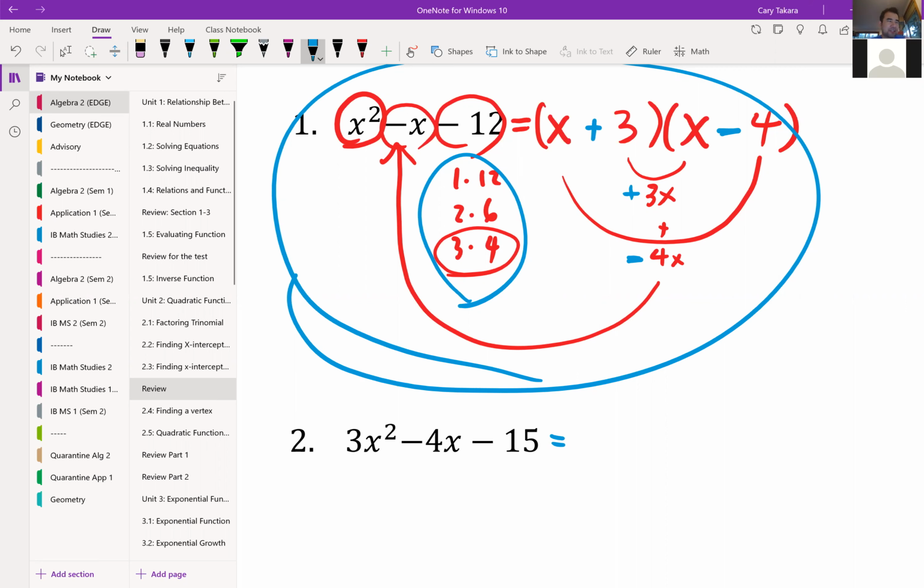So just try to find a good, efficient way for you that will work to make it run more smoothly. So you don't have to do the donuts if you can work it out. Or you can even write down, okay, 3x and negative 4x. Okay, how do I make negative 1x? And then you can just do that on the side. Right? So you don't have to, but in your mind, you should be doing that. Okay.